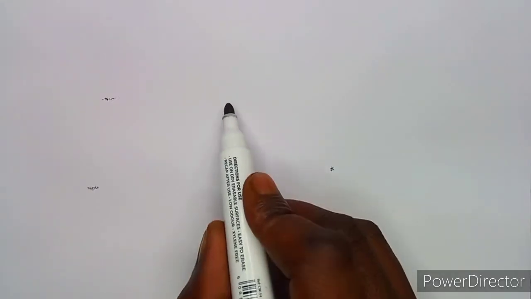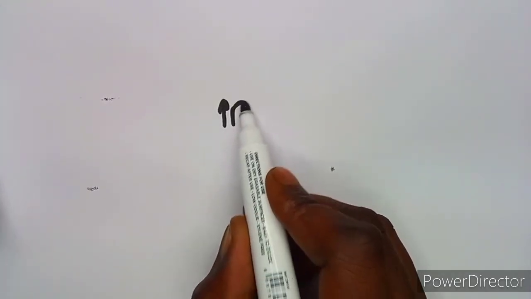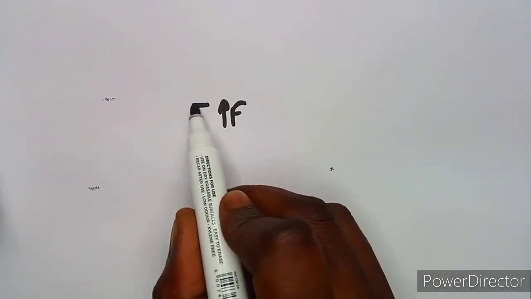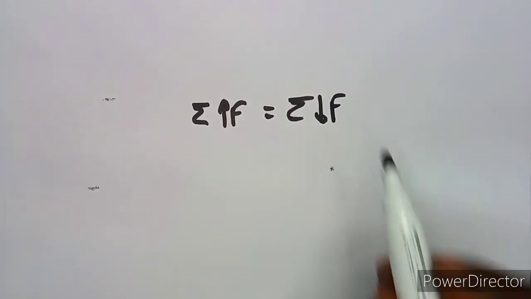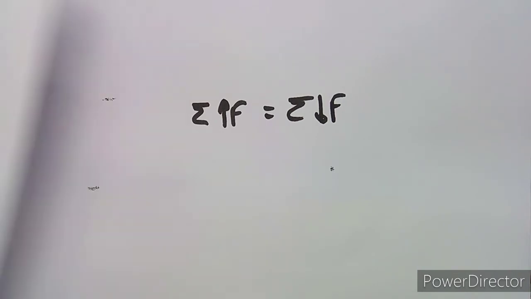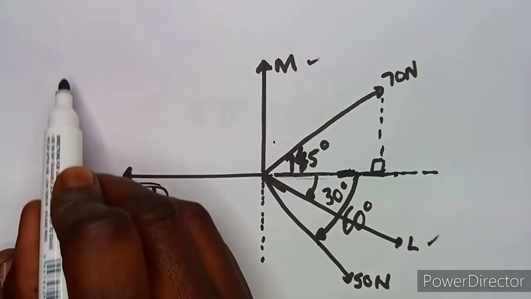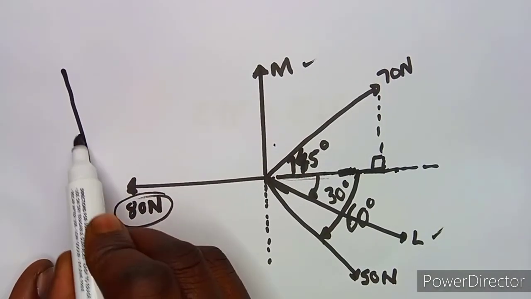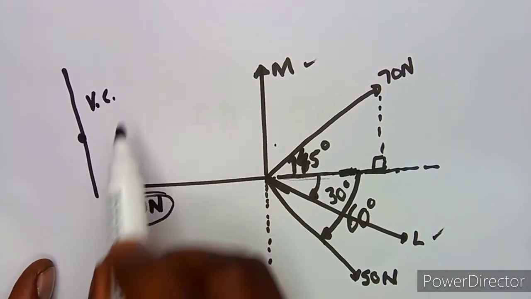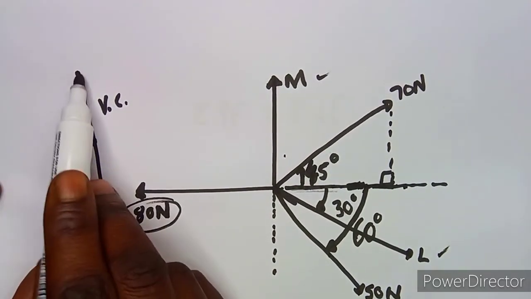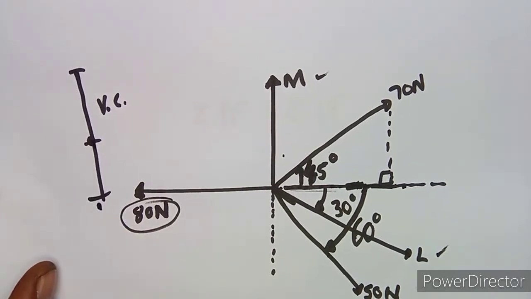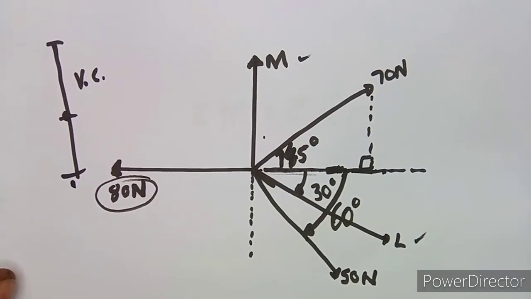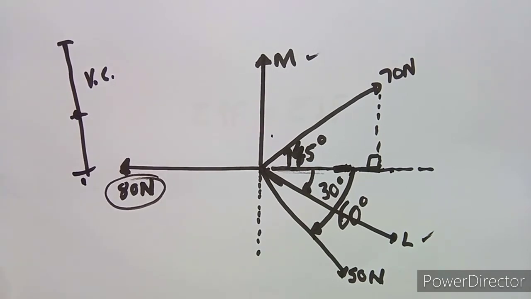So this is what we are going to take this time: the sum of the upward forces being equal to the sum of the downward forces. This time we are talking about up and down, which means we are talking about the vertical component, because that's a vertical line. Those which are up are equal to those which are down. So which ones do we have which are referred to as upward forces?